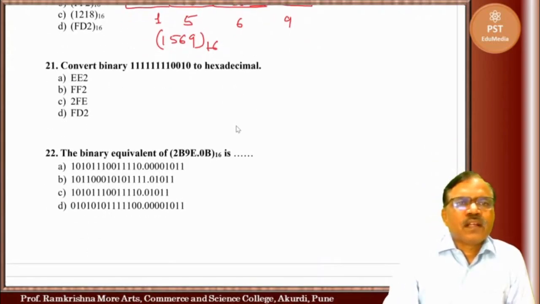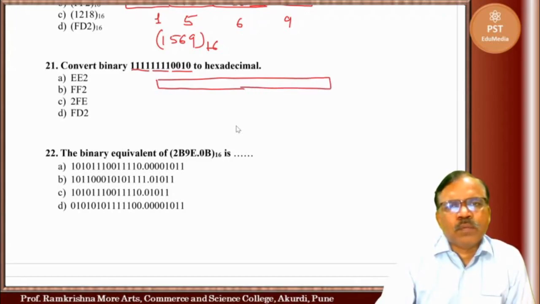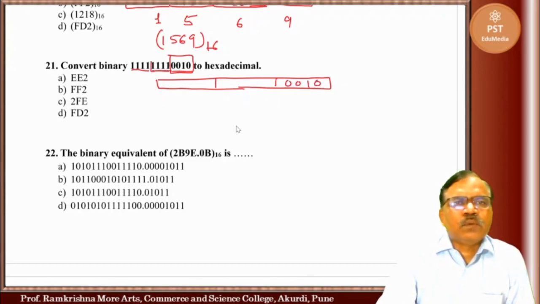Now next one, convert binary number 111111110010 to hexadecimal. So again we will group into 4 bits. So first we take these, 0010, then these 4 bits 1111, then these 4 bits 1111.